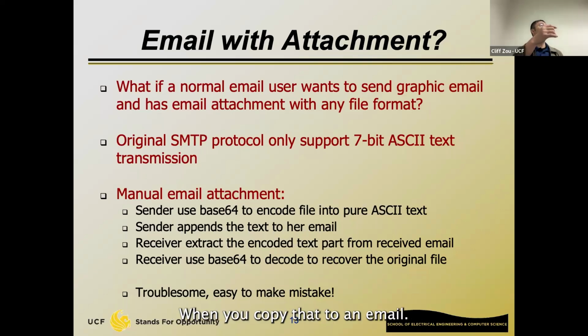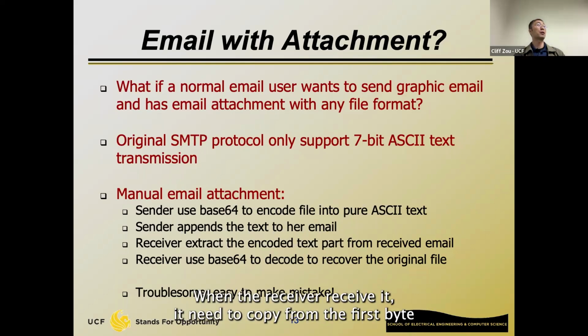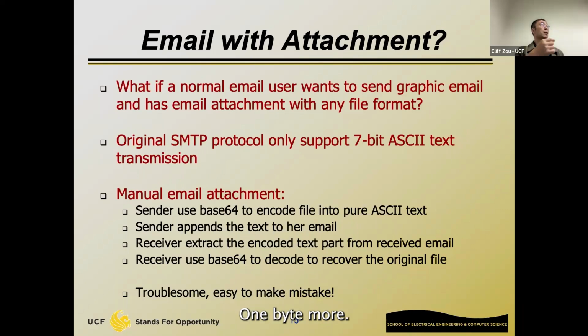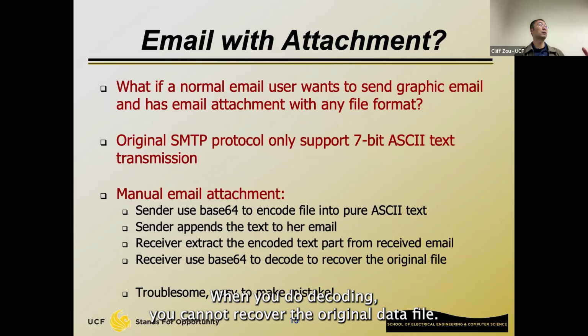When you copy that to an email, it's very easy to copy one byte more or one byte less. When the receiver receives it, they need to copy from the first byte to the last byte without missing one byte or copying one byte more. Otherwise, when you do decoding, you cannot recover the original data file.